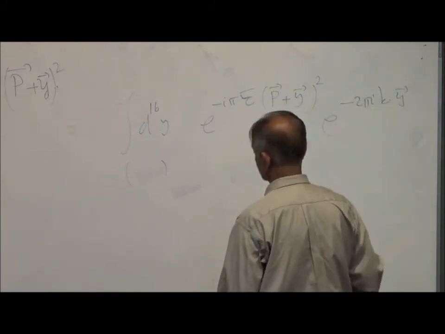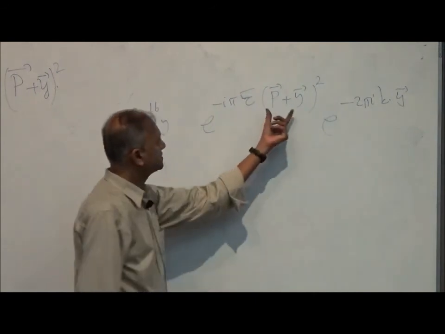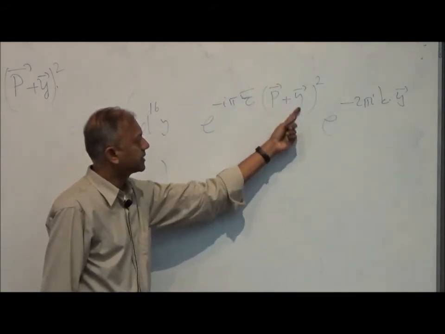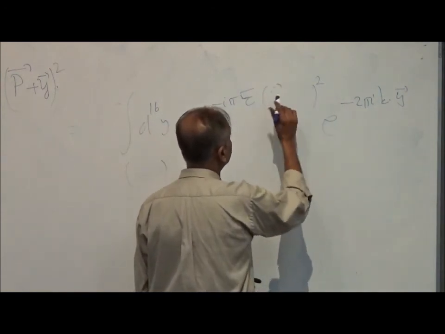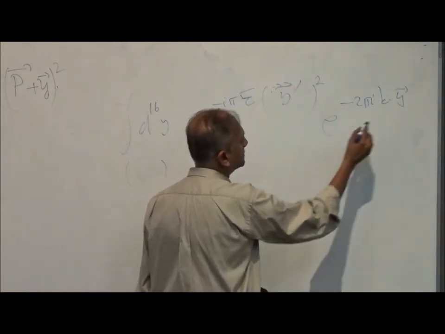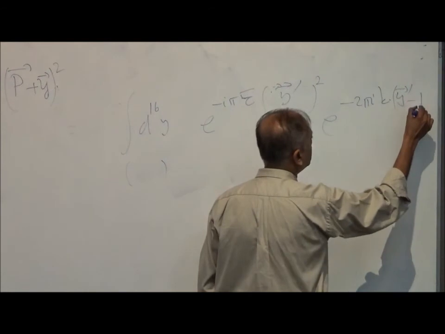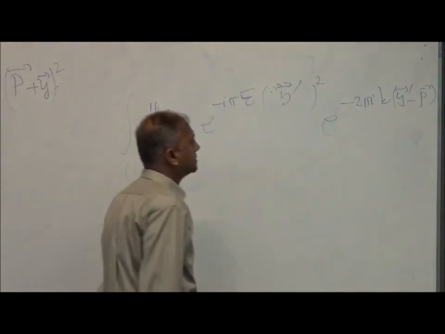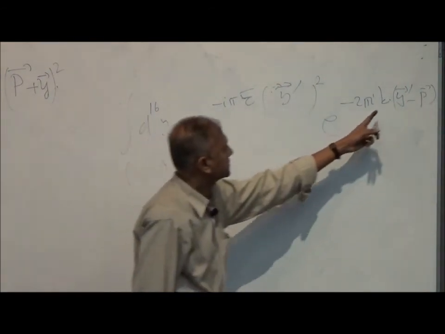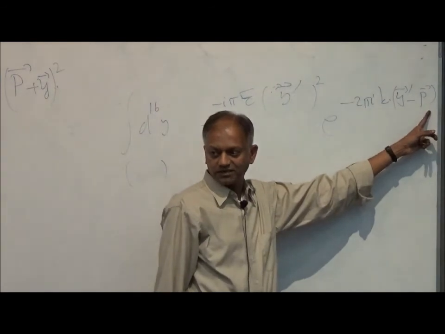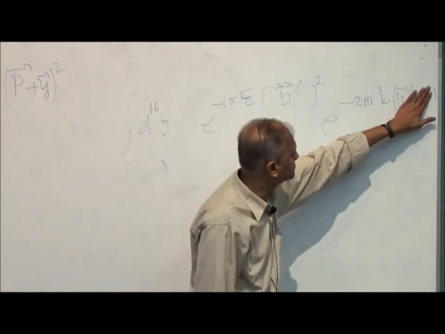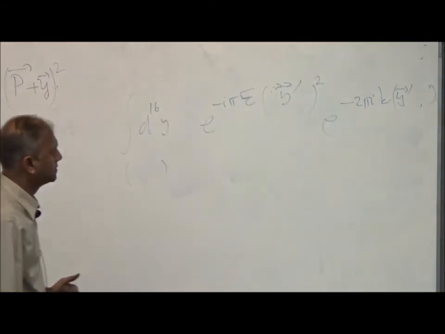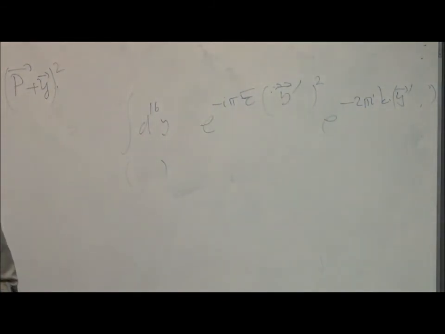Now let's call this y prime, and this becomes y prime minus p. But it doesn't matter because k dot p is an integer, by definition of the dual lattice. So this drops out, and this is a Gaussian integral.